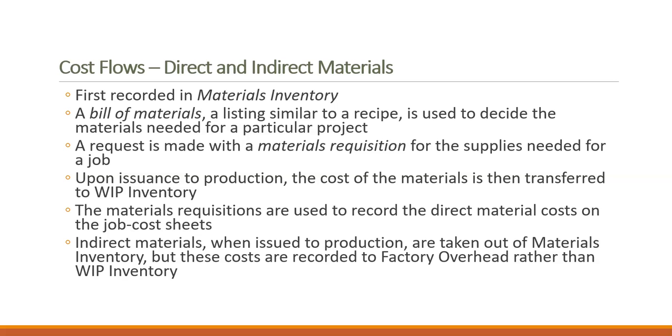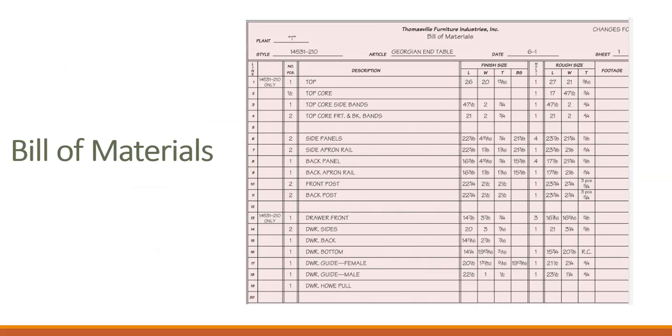We then assign them to production and transfer those costs of materials into our work in process inventory and record the direct material costs on our job cost sheet. Our indirect materials are moved over and recorded in factory overhead instead of work in process inventory. As we allocate overhead to our jobs, then we record that on the job sheet.